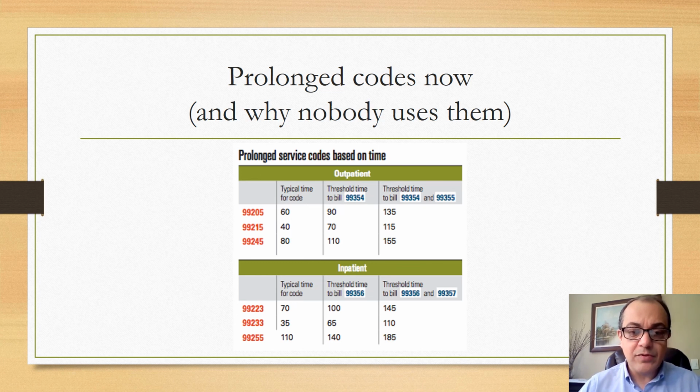Same thing for established visits. To get that 99354, you would have to spend 70 minutes with an established patient, and in order to get 99354 and 55, you have to spend almost 2 hours with an established patient, which is just not realistic, not practical. So how did these codes change? We'll see on the next slide.